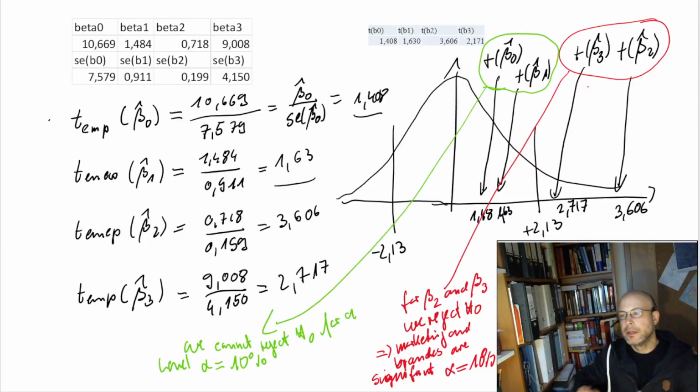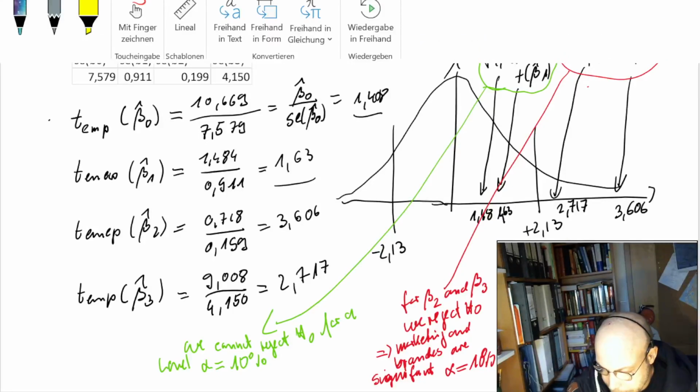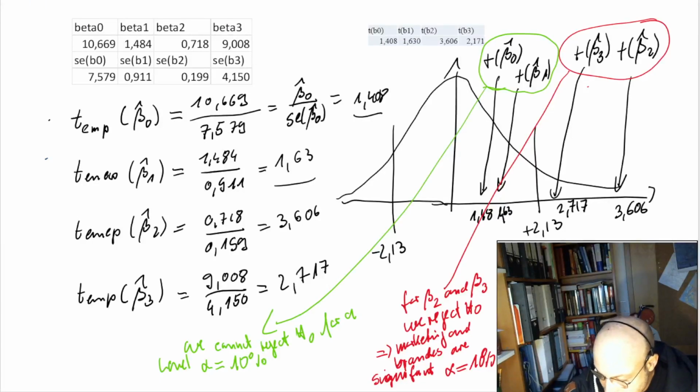So this means, and here you see the difference between the descriptive analysis and now our hypothesis testing analysis. From our descriptive analysis, we find, let's choose another color, beta 0 is roughly 10.